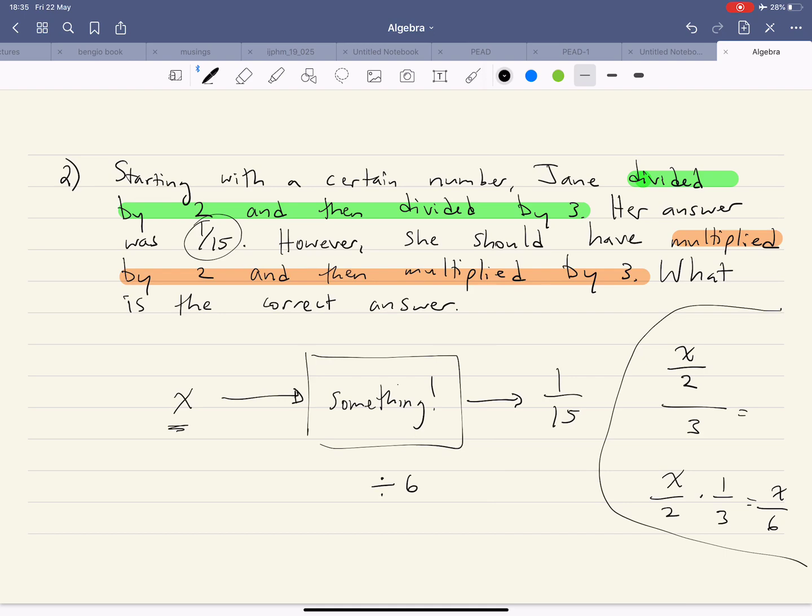Or rather, we will solve for x in the equation x divided by 6 equals 1 over 15, right? So that tells me that x equals 6 over 15, which also tells me that x equals, right, because 6 and 15 are both divisible by 3, so x equals 2 out of 5.